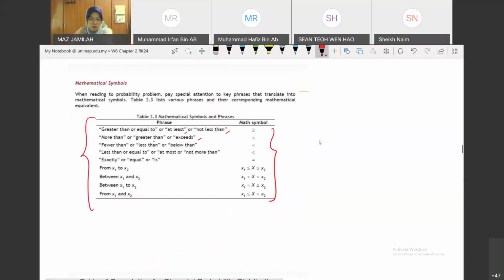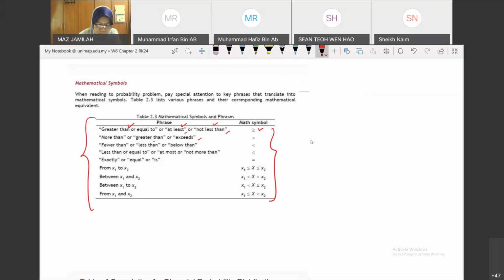So the terms or the phrases greater than or equal to, at least, and not less than refer to this one, greater or equal to. This one is straightforward, but this one sometimes we forget, because the term is in English.